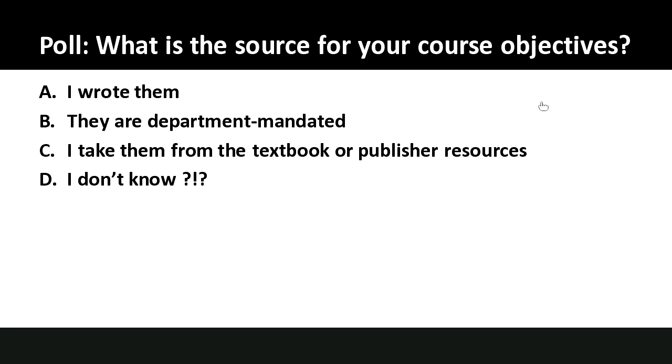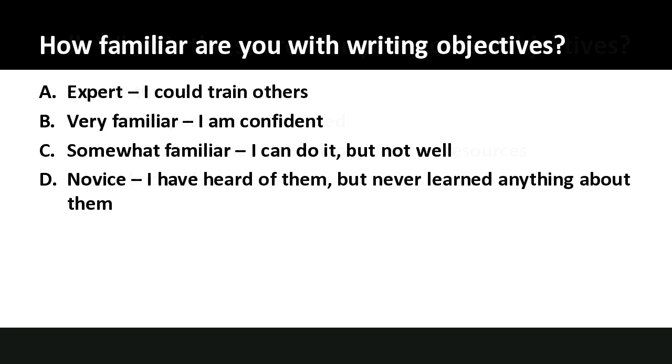We're going to talk about what a good learning objective is versus what a learning objective that could be improved would be. This may give you some ammunition on improving the course objectives that you have been given. But you may already have really good course objectives that will set you and your students up for success.